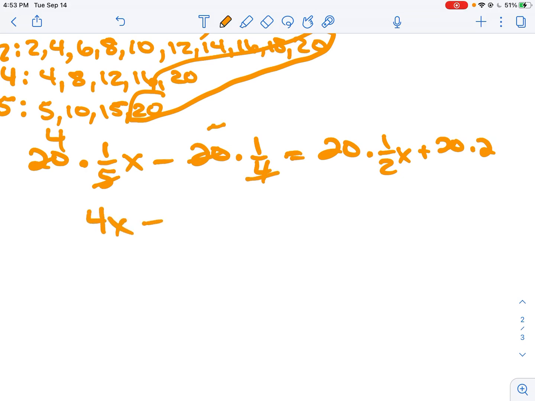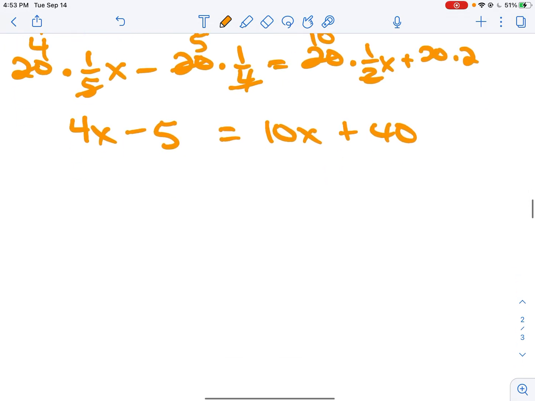Minus 4 goes into 20 5 times, so minus 5. 2 goes into 20 10 times, so I would get 10x. And 2 times 20 is 40.